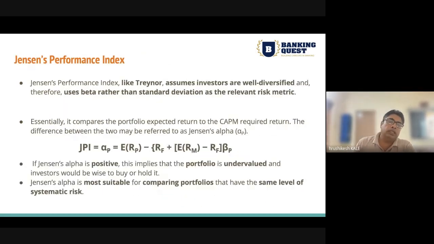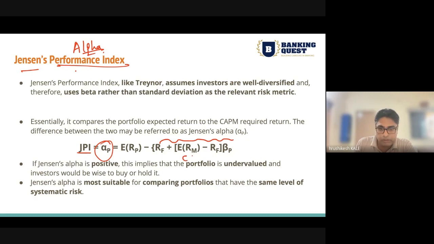Now, third is Jensen's performance. I told you about Jensen's alpha. The performance index is taken as alpha. Now, what does Jensen's alpha say? This is nothing but CAPM.